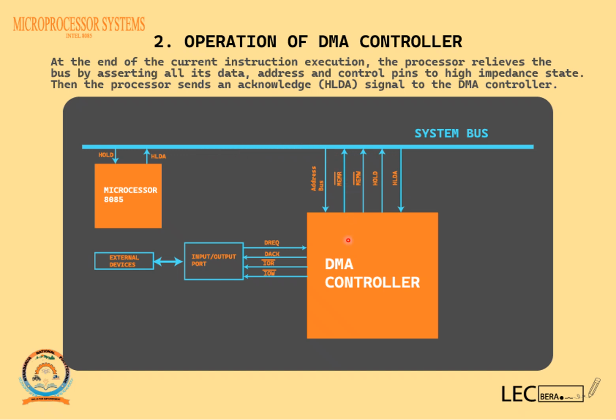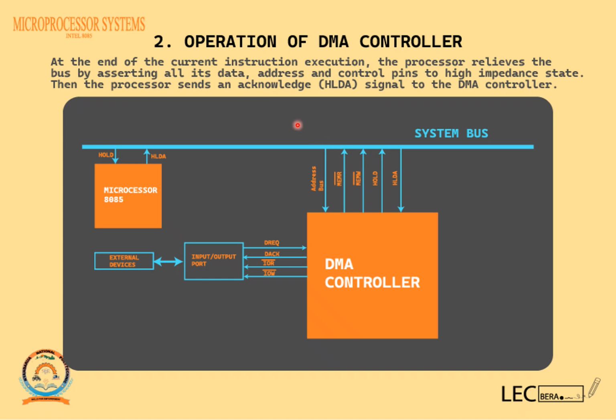It's going to respond back to the DMA controller. So at first we saw the DMA controller telling the microprocessor, hey, I need the system buses to use. Now the microprocessor, before relinquishing the system buses, will first of all finish what it's currently doing, and then it will send the signal back to the DMA controller that actually you can now use what?